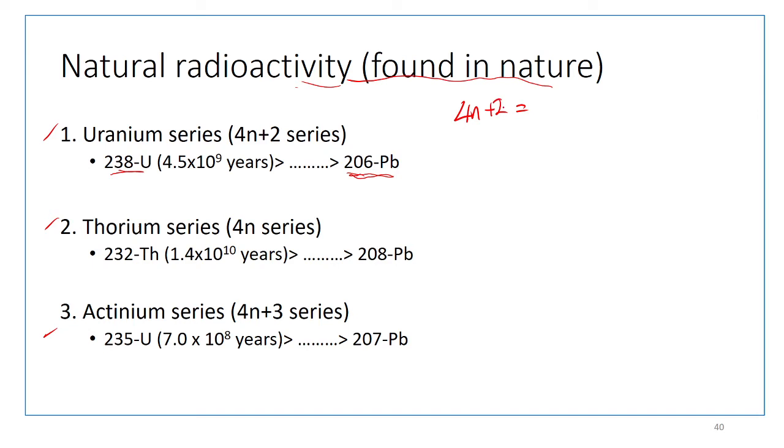Let's say, for example, uranium 238. So 4n plus 2 equals 238, so 4n equals 238 minus 2, which is 236.